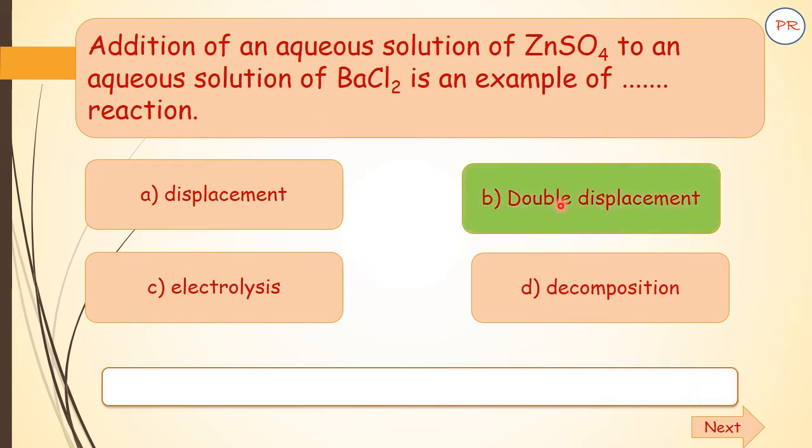The correct answer is double displacement. In this reaction, both Zn and Ba ions replace each other. Here it will form BaSO4 and this will give ZnCl2.